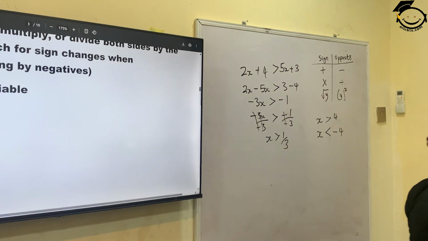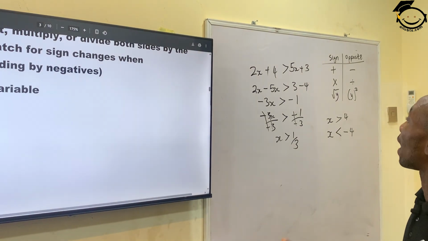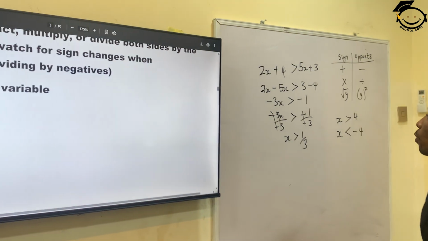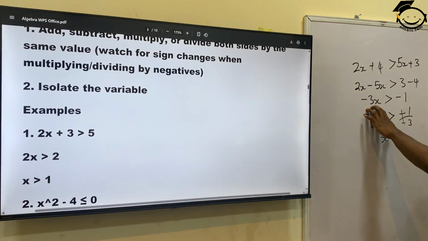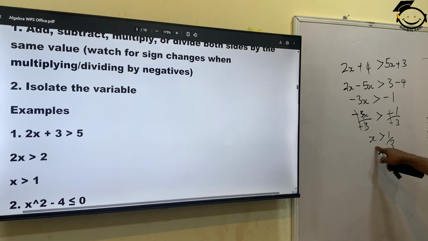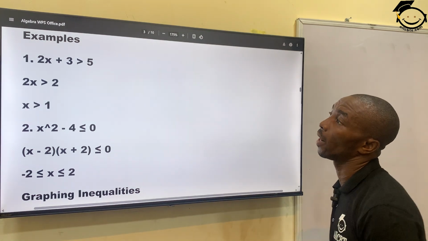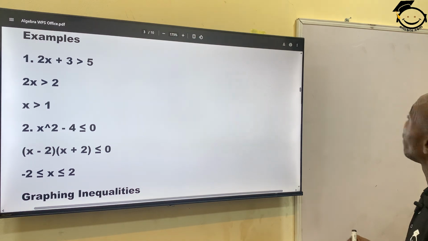All right. The next step to also observe is to isolate your variables, which we've seen in this case, how we isolated our variables to find out the value of our variables. Example 1, we have 2x plus 3 greater than 5.